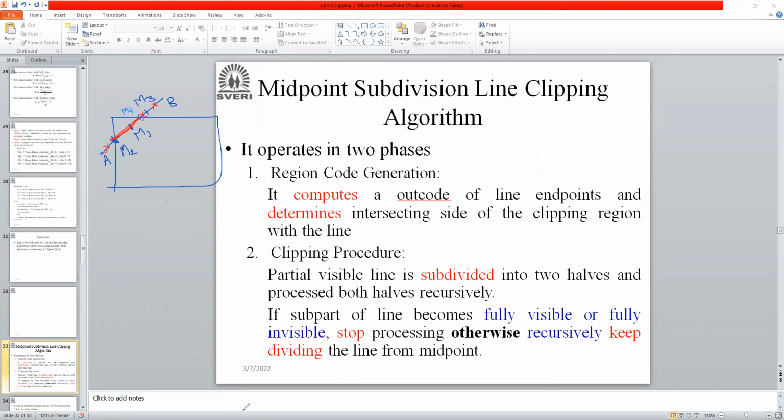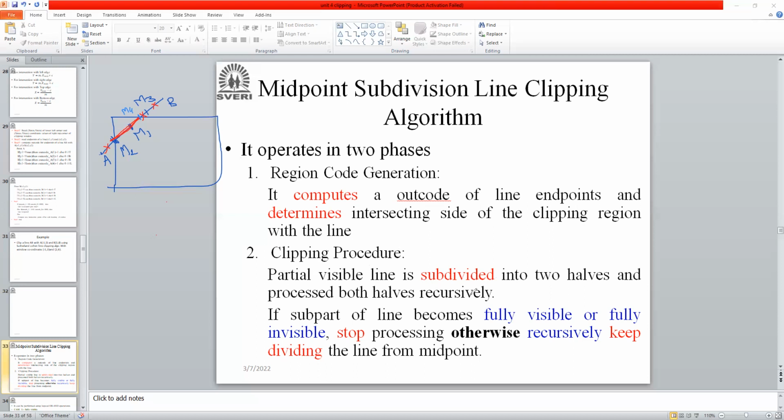Right. So here also two steps are there, like that of Sutherland Cohen. First, region code generation, same as that of the earlier algorithm. It computes the outcode of the line endpoints and determines the intersecting side of the clipping region with the line. And second is the clipping procedure.